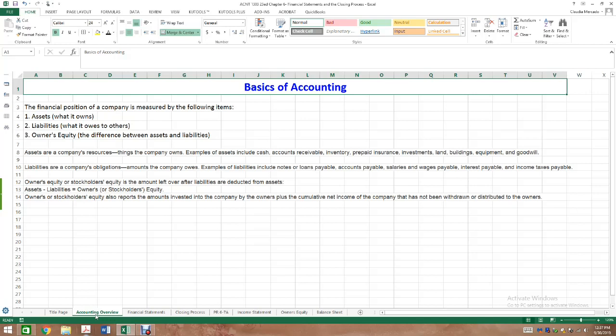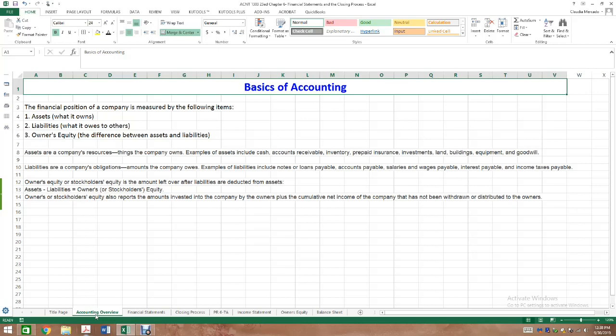Some of the most common examples of assets include cash, accounts receivable, inventory, prepaid insurance, prepaid rent, prepaid marketing, anything that's a prepaid, investments, land, buildings, equipment, and goodwill.